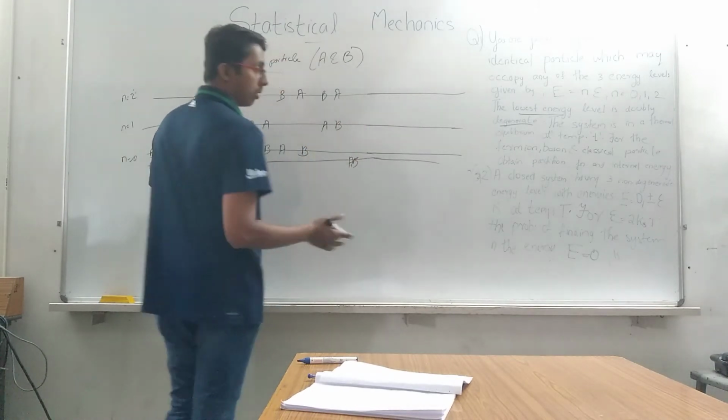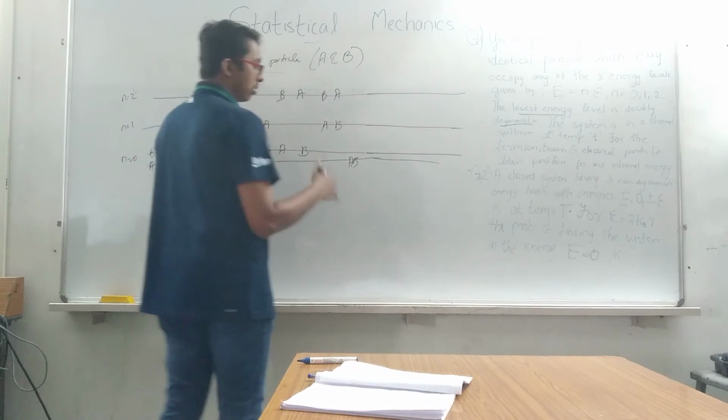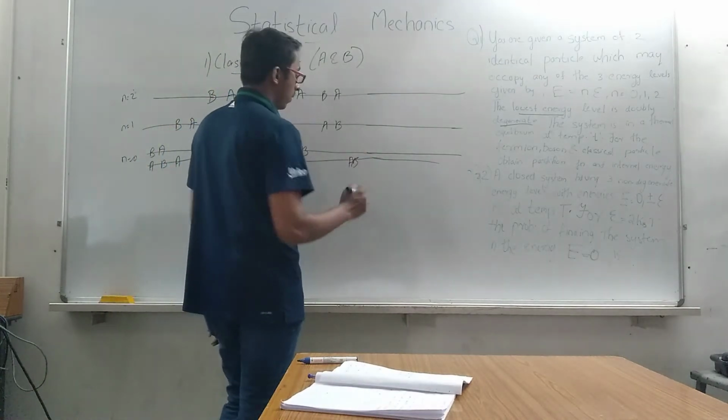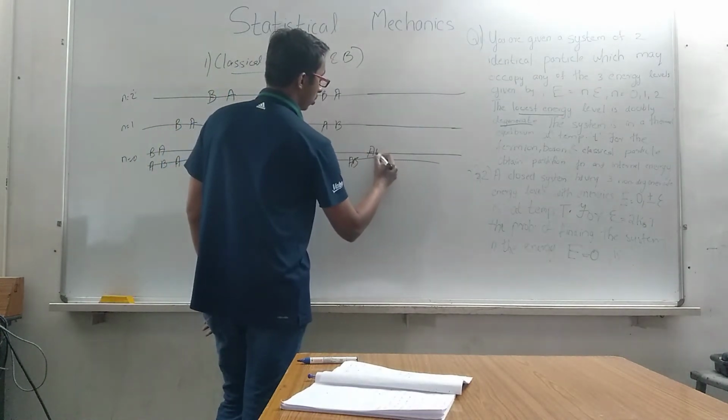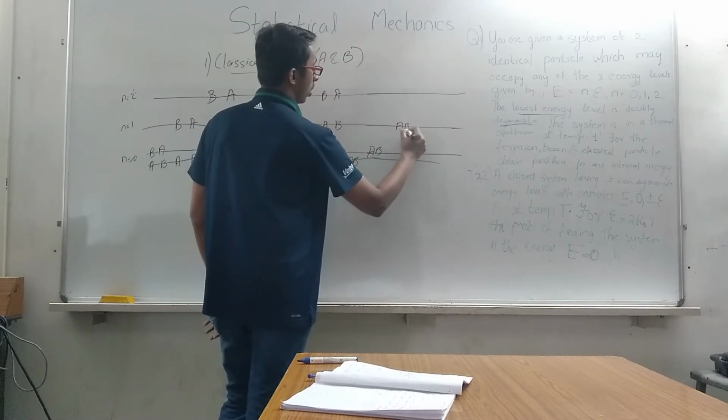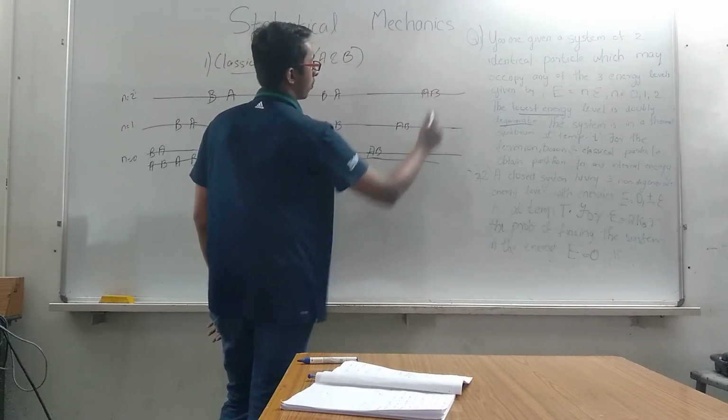As they are not obeying the Pauli exclusion principle, two particles can occupy the same energy level. So we can have this possibility also: AB in 1, AB also in 2.